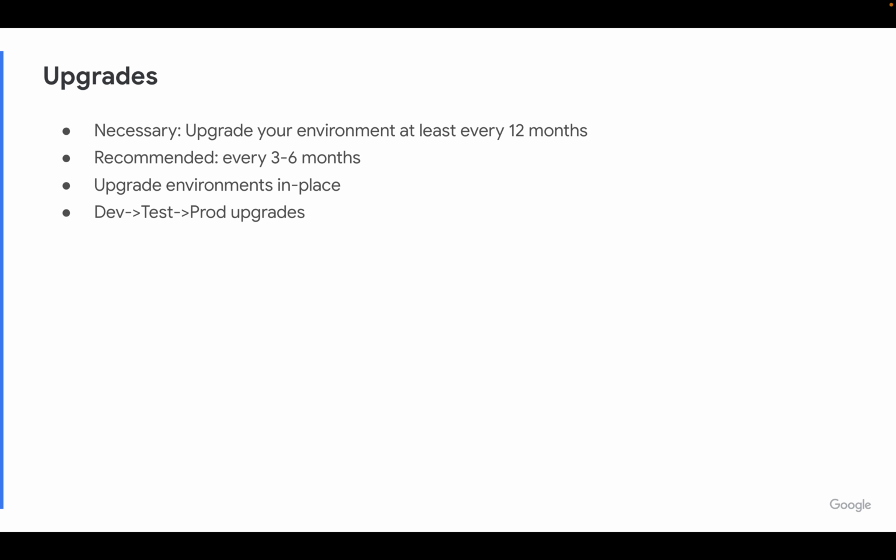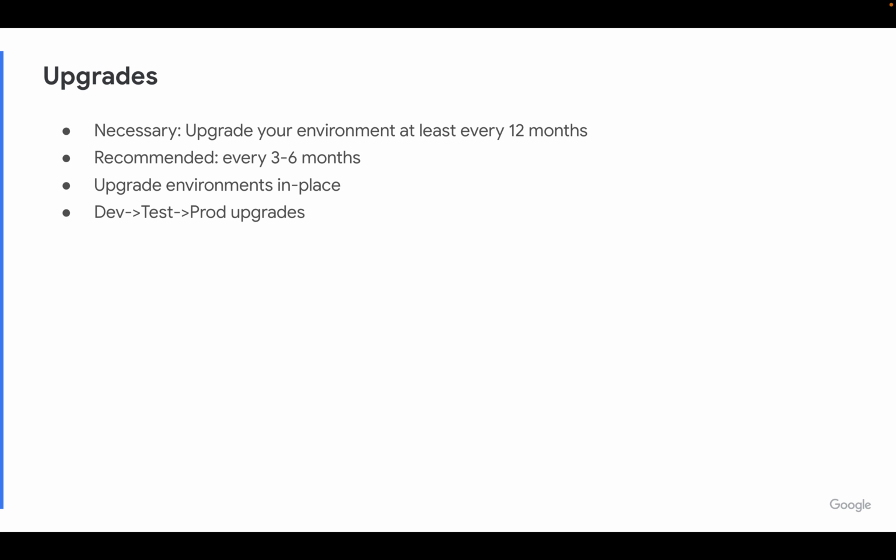From time to time, you need to upgrade your environments to get access to newer features and improvements of the service. We recommend that you upgrade your Composer environments between 3 to 6 months, or generally no longer than that, but definitely not longer than every 12 months.